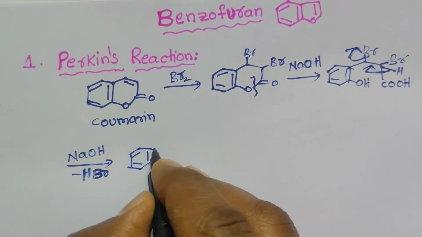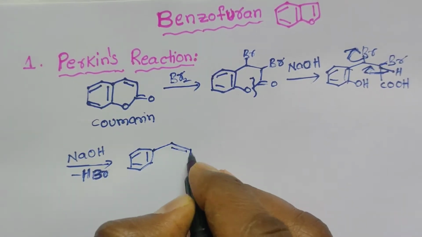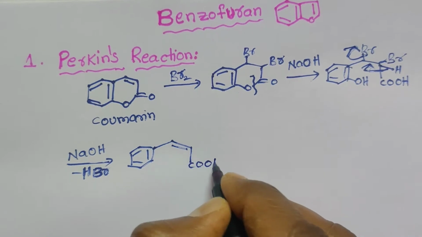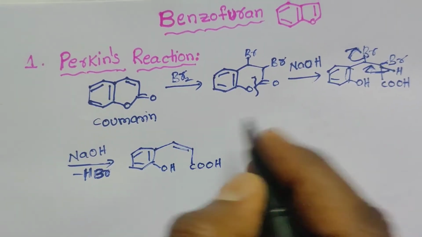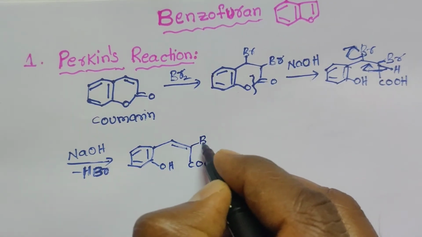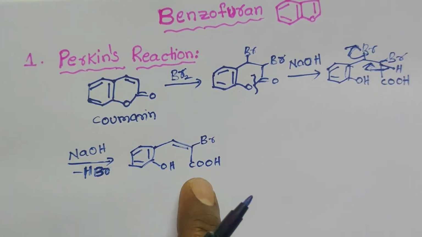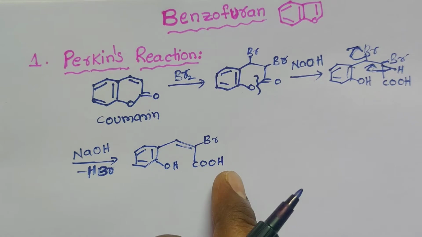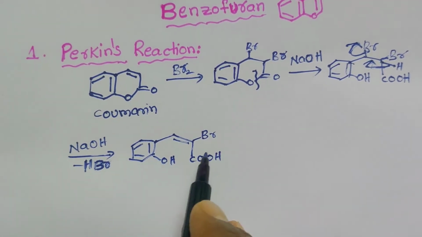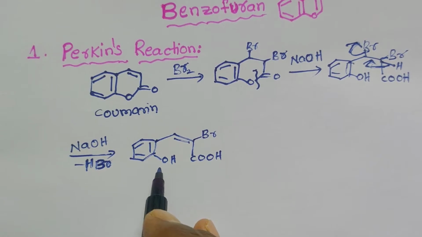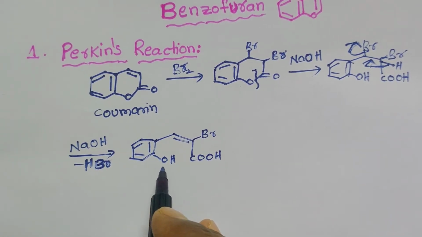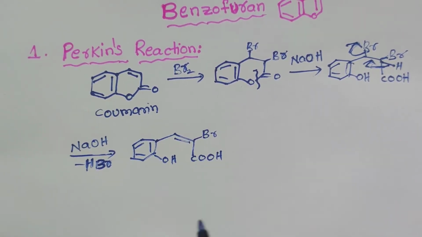Here we are having one bromine. So this is nothing but bromocinnamic acid and one hydroxy group is present here. So we can call it the orthohydroxy bromocinnamic acid.